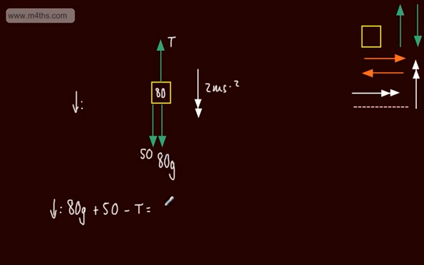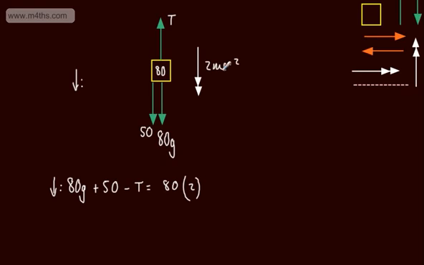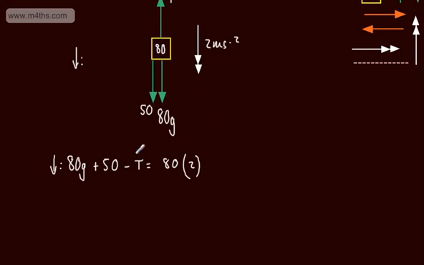So the mass is 80, and then we have the acceleration. I'm taking this person to be accelerating downwards with an acceleration of 2 meters per second squared. So let's do some rearranging. We're going to have 80g plus 50 minus 160, and that's going to give us some value in newtons.